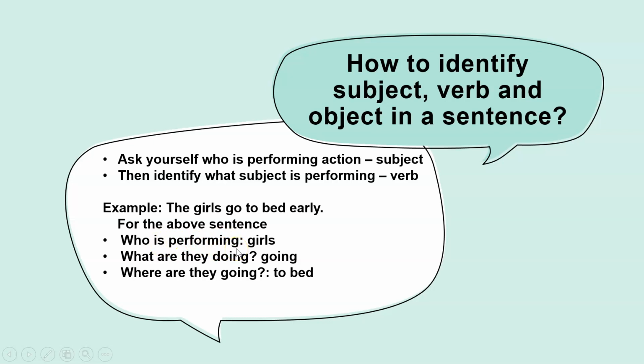Yes, girls. What are they doing? Going. Where are they going? To bed. It means the ones who are performing, girls, they are the subject, the action is going, and on what is the action done, that is, going to bed. So this is an object.